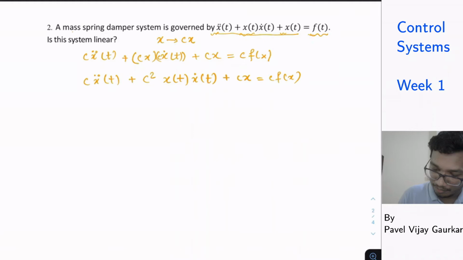Coming to the next question, the complex function 1 upon s square plus 2s plus 1, where is this function singular? When is a complex function singular?